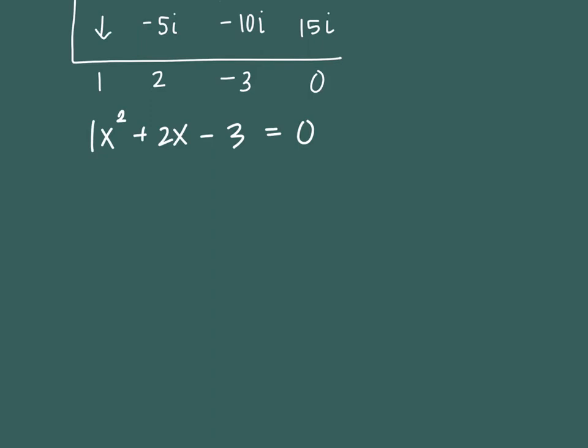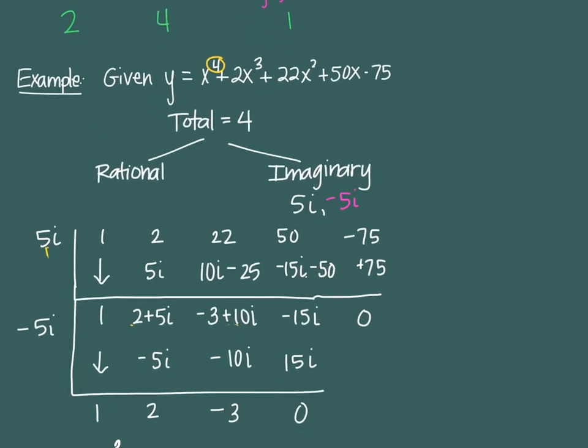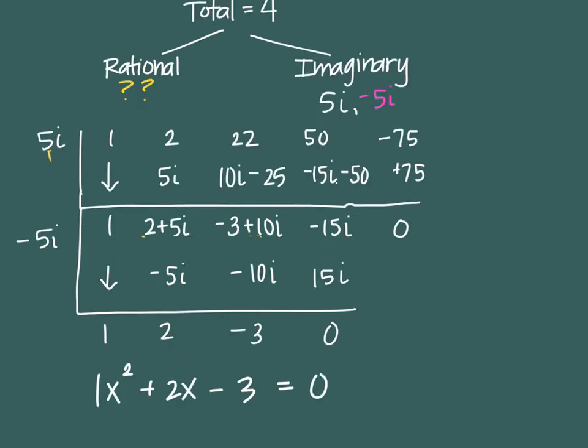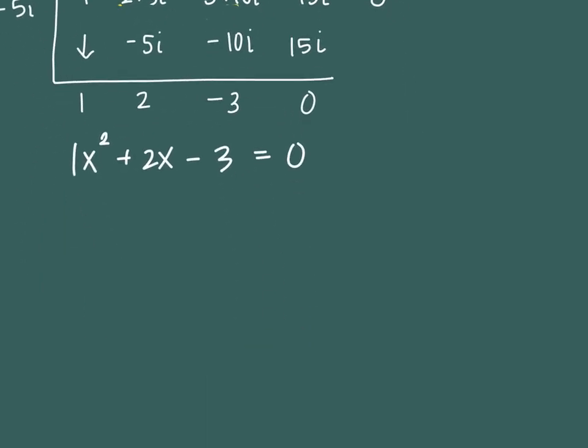I'm looking for what these two rationals were. I had the two imaginaries. Now I'm trying to figure out the two rationals. And so I get to this point, which is a perfect star factor. Star factors are x plus 3 and x minus 1. Set each of those equal to 0.